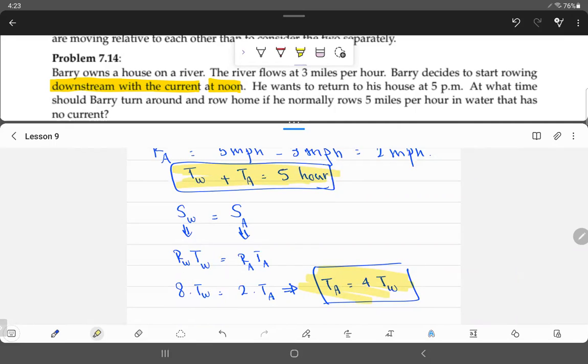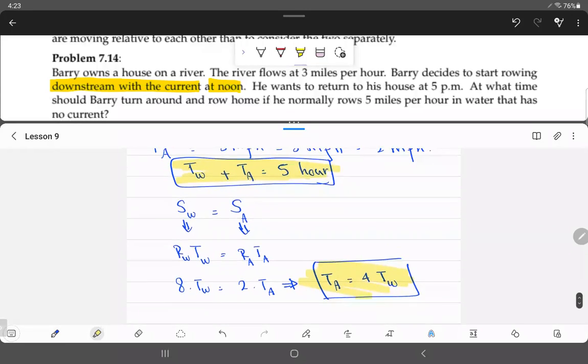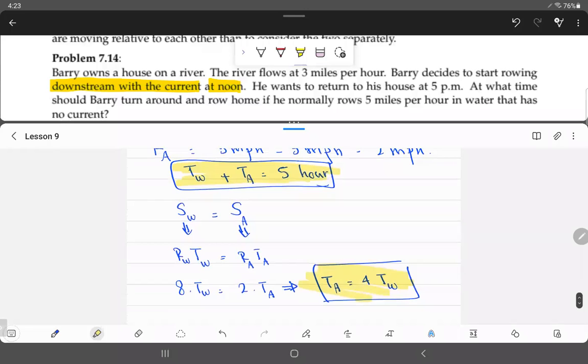The total time is 5 hours, when he goes with the stream, or with the current, or against the current. You just plug these in. You solve it as a system of linear equations. So it's clear that one of them is going to be 1, the other one 4. So plug this here.